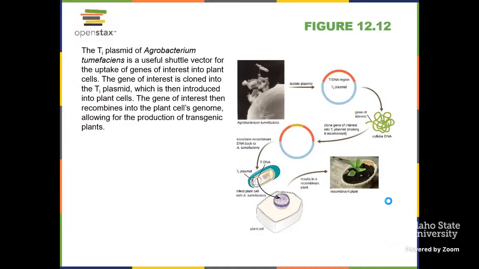But when we get in there, we're bringing in whatever gene of interest that we want into this plant, all right? Kind of crazy. Similar to the gene gun, bringing in different pieces, all right? And it needs to get through that cell wall of the plant, all right?